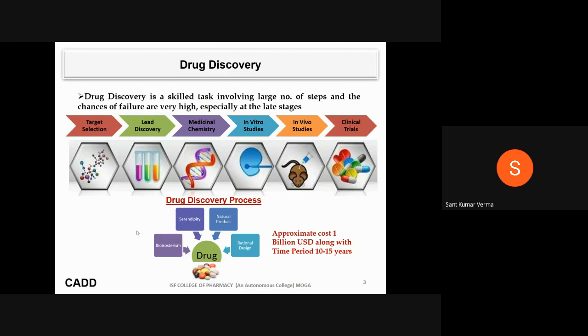The drug discovery process takes 10 to 15 years, and the cost of discovering one new molecule is 1 billion US dollars. So the computer aided drug design approaches reduce the cost as well as the time consumed in the drug discovery process.